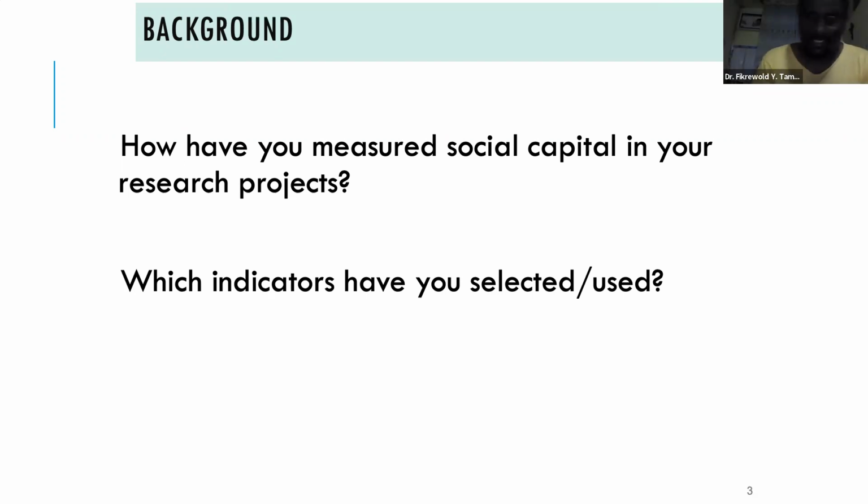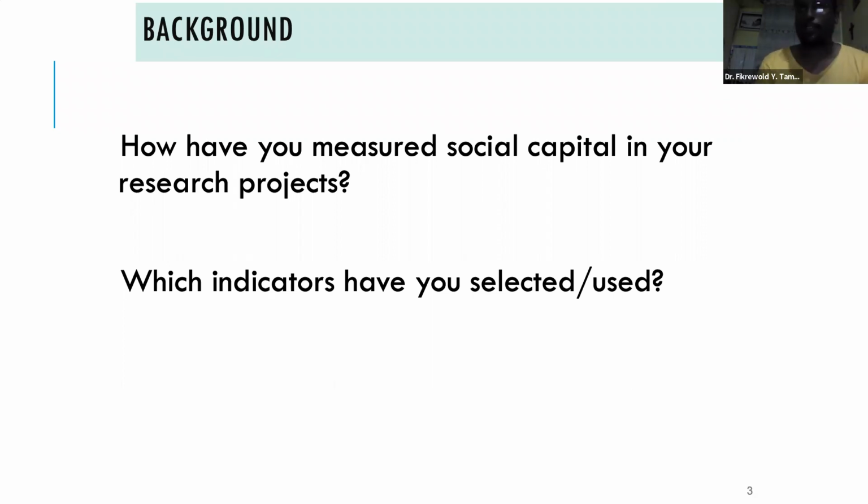My PhD dissertation was on social capital. Specifically, it was an assessment of social capital in rural Ethiopia. I used generalized trust, particularized trust, norms of reciprocity, participation in civic associations, as well as social networks as indicators of social capital.